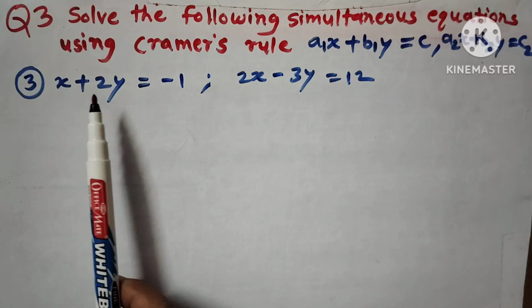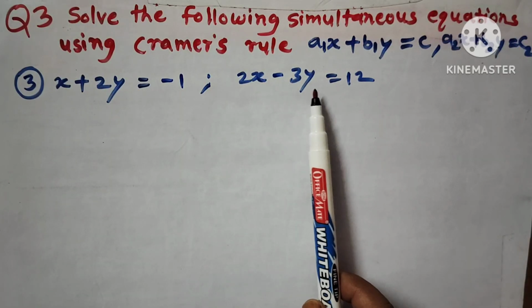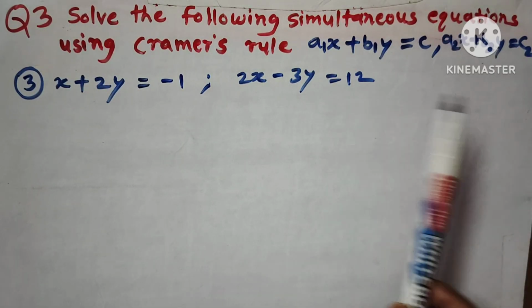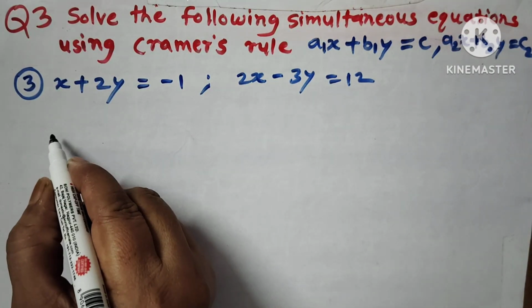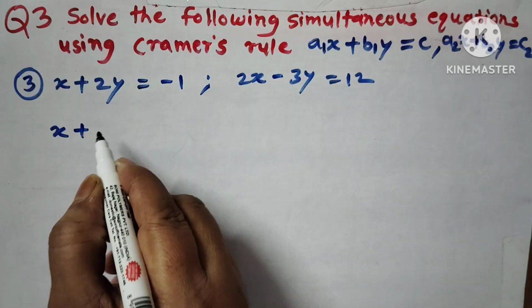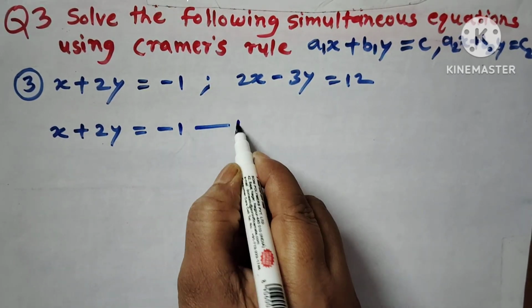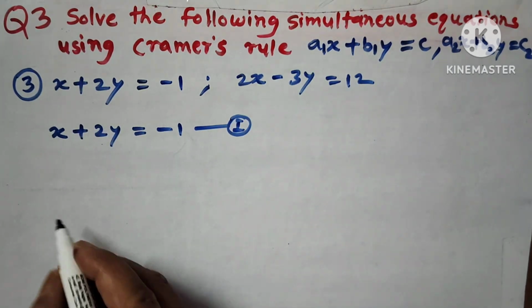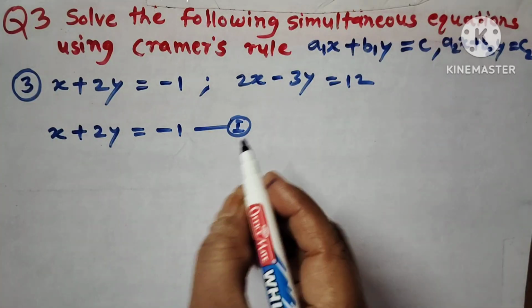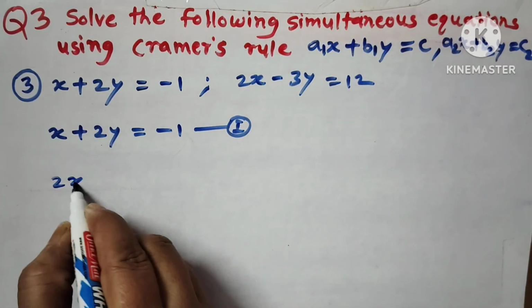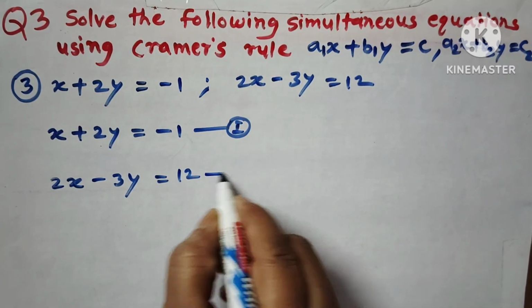The equation x + 2y = -1 is the first equation. 2x - 3y = 12 is the second equation.